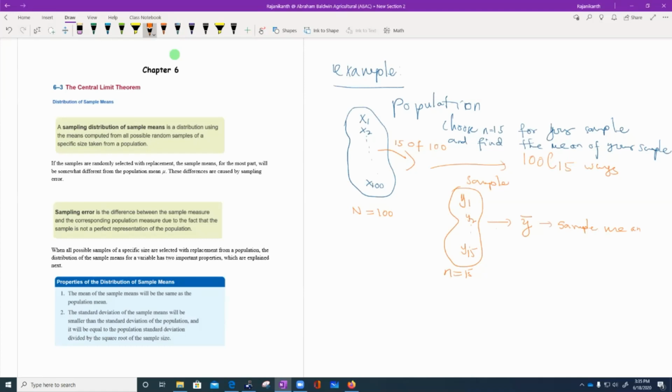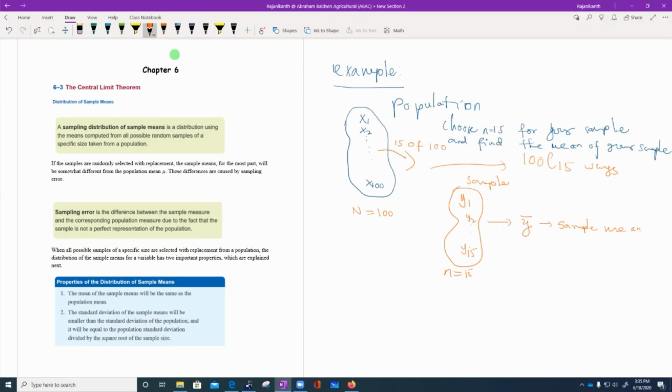So you are looking at the distribution of the mean. Here we are going to look at the properties of the mean of your samples.